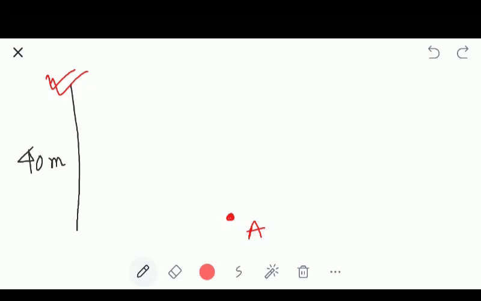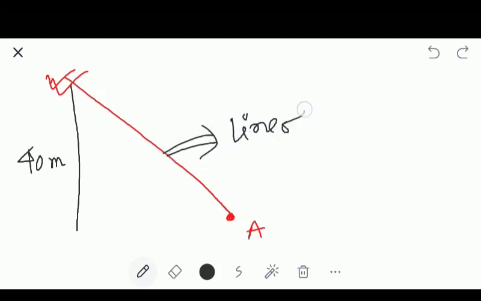So there should be some angle between them, right? And the line joining them is called the line of sight.